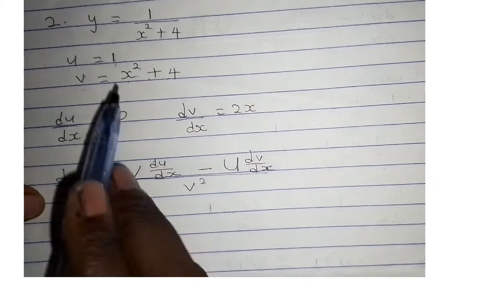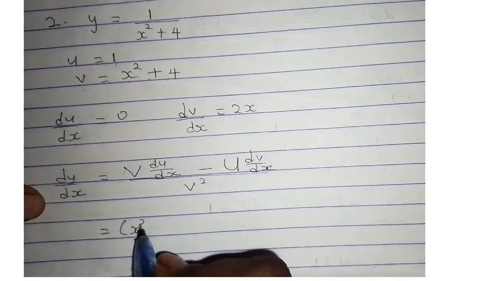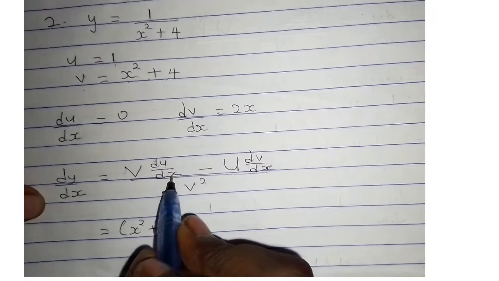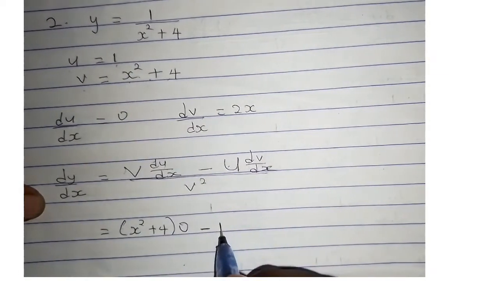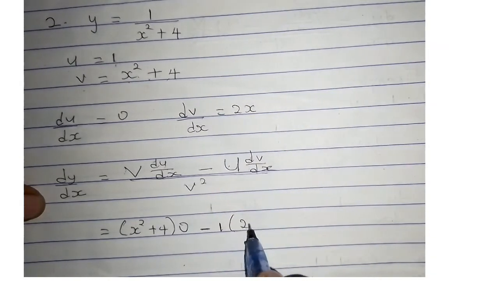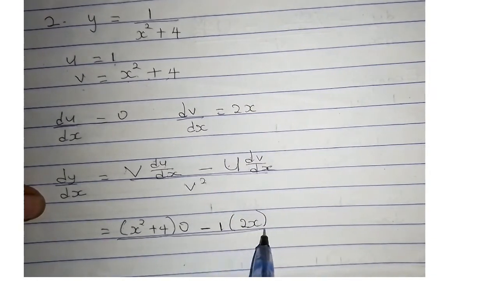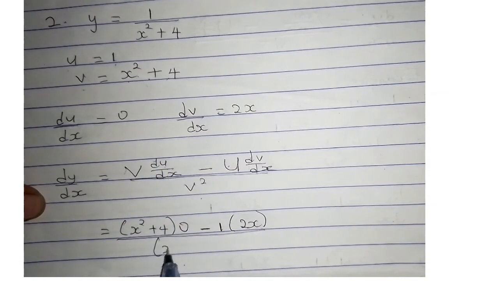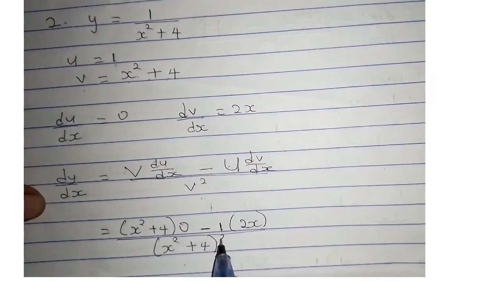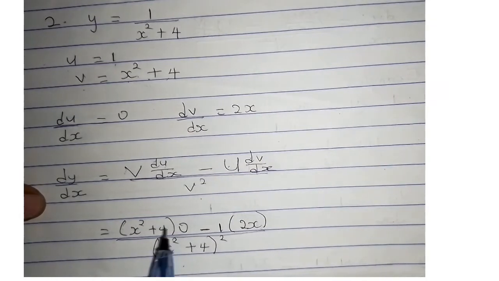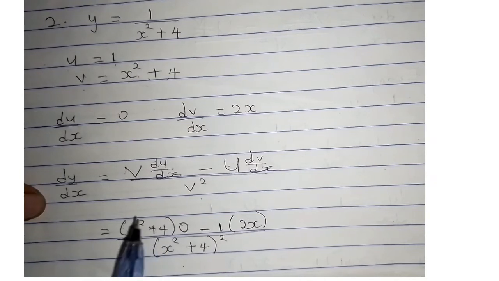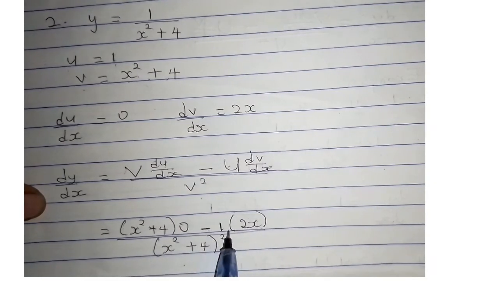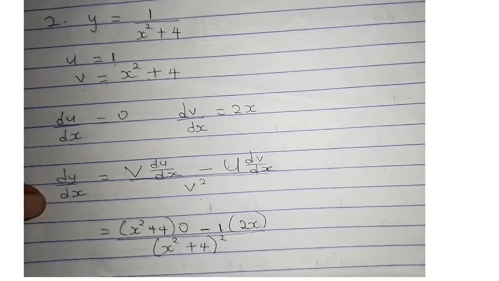We're going to have our v, which is x squared plus 4, times du/dx, which is 0, subtracting our u, which is 1, times dv/dx, which is 2x, all over v squared, and our v is x squared plus 4, all squared. So expanding, 0 multiplied by this bracket automatically becomes 0. So we have 0 minus 1 times this, we're going to have minus 2x, all over x squared plus 4.